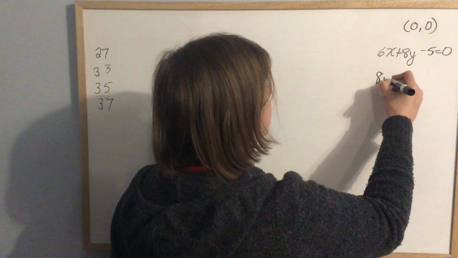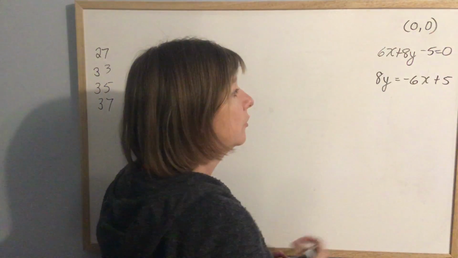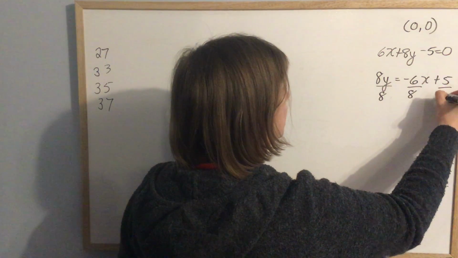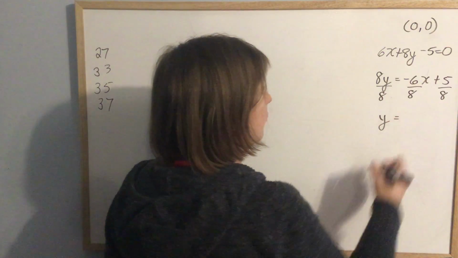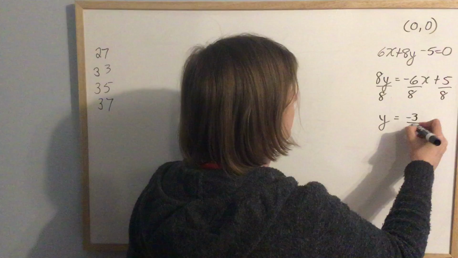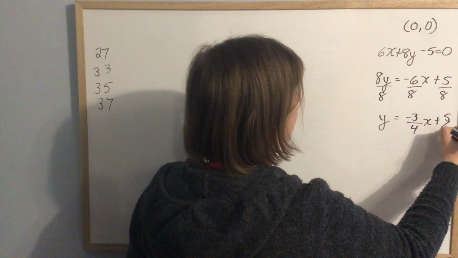So 8y would equal -6x plus 5. I just moved the two pieces over. I'd put this over 8, this over 8, and this over 8. So I would have y equals -6 over 8, which reduces to -3 over 4x plus 5 over 8.